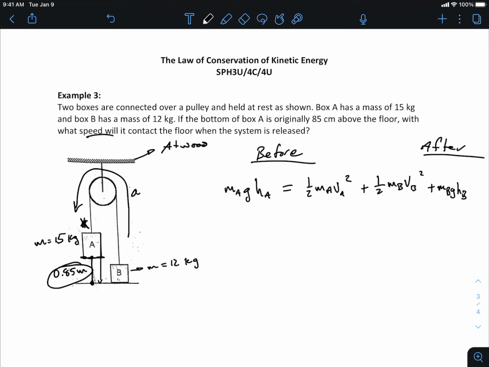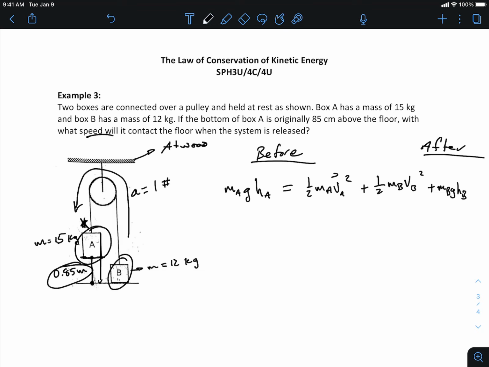We saw just one acceleration value, whatever it was. And that's because this system is tied together. Well, if I see one acceleration number, I better see one velocity number. So the velocity of B should be equal to the velocity of A, the speed of A will be equal to the speed of B.